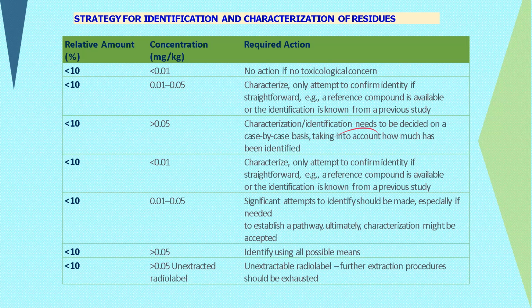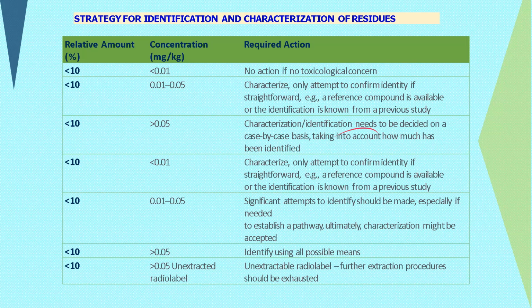Whereas if it is more than 0.05, then characterization and identification need to be decided on a case by case basis. That is also possible, and it needs to be designed in such a way that we should be able to find the highest level of the concentration. Then if it is less than 0.01, characterize only, attempt to confirm identity if straightforward.